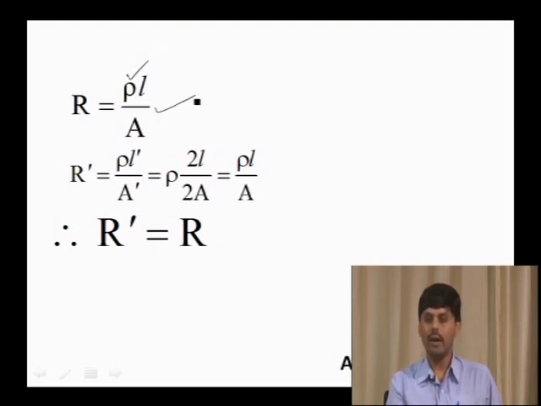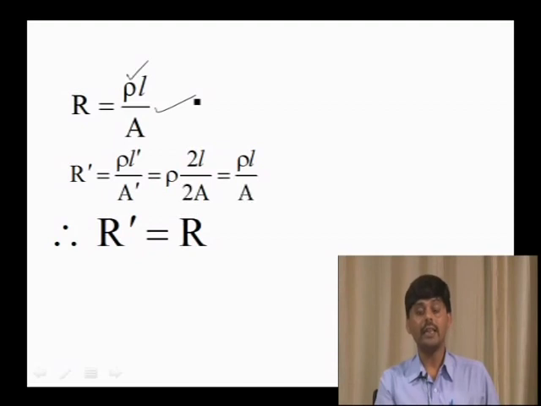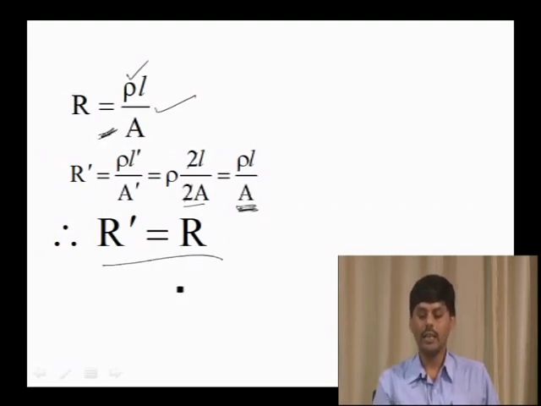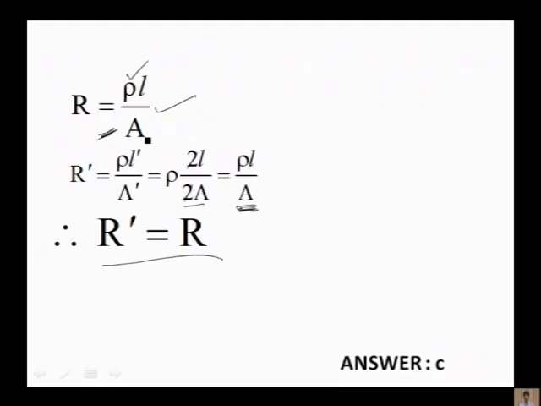Before the increase, R is equal to rho L by A. After increasing the length and area, we have R dash equal to rho L dash by A dash. Length increases by 2 times, that is 2L, and area increases by 2 times, 2A. The 2 gets cancelled, and we get again rho L by A. This is the value of R dash, and this is the value of R. This and this are one and the same. Therefore, the correct answer for this question is C, that is R.